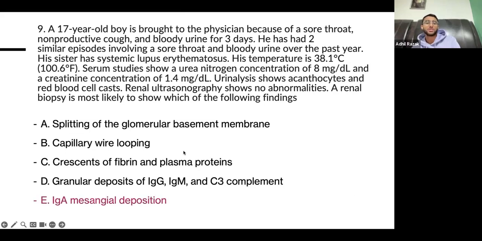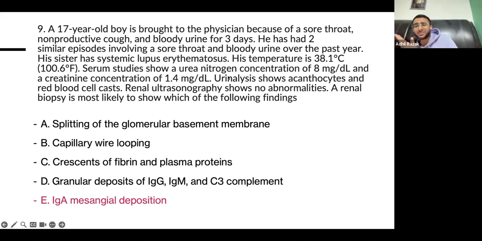It's IgA mesangial deposition. What we're dealing with here is IgA nephropathy, and that's once again sore throat, respiratory infection. But in this case, he started having renal symptoms in 3 days rather than in 2 weeks. So this is what pretty much makes the difference between IgA nephropathy and post-strep.